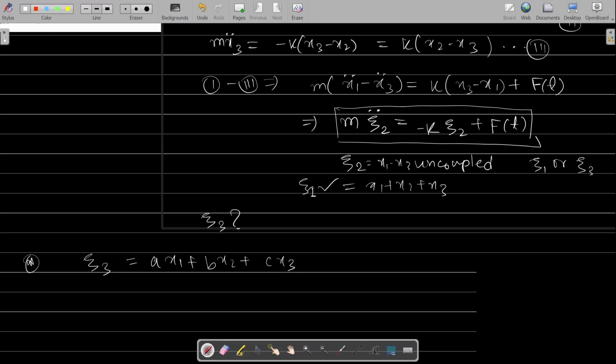So if psi3 is the normal coordinate, then it is a linear combination of x1, x2, and x3.